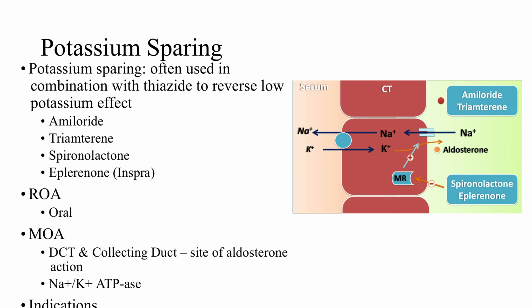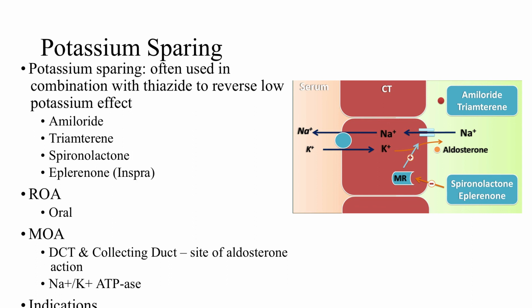So we end up getting low levels of potassium. Low potassium, especially with loop diuretics, is a side effect. You can see that thiazide and thiazide-like diuretics do decrease that amount of hypokalemia that you would see otherwise with loop diuretics. But there's also this other type of diuretic, the potassium-sparing.